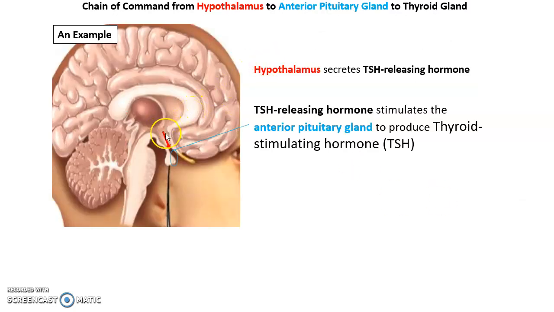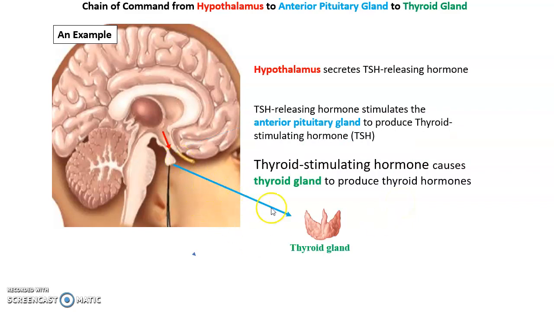So, for instance, here's the hypothalamus. It releases thyroid stimulating hormone releasing hormone. The releasing hormone goes to the anterior pituitary gland, causing it to produce the thyroid stimulating hormone. That hormone then goes into the bloodstream, travels all over the place, and finally makes it to the thyroid gland. There, the thyroid stimulating hormone causes the thyroid gland to produce its thyroid hormones.